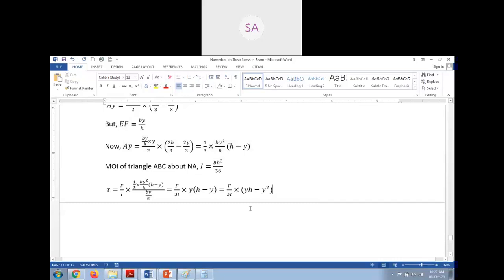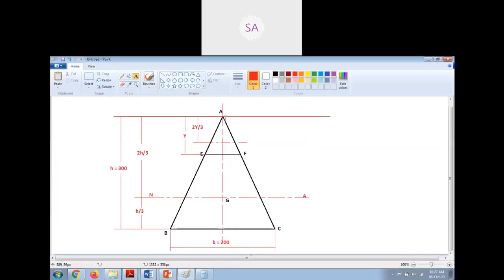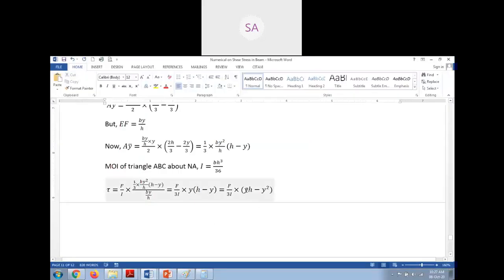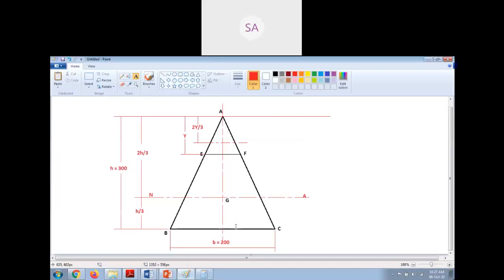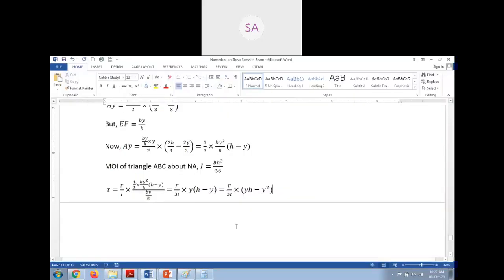That's it. Now I know that at A and BC it will be 0, right? First thing, if you see this expression, F by 3I is a constant. yh minus y square is a second degree equation. So this is an equation of a parabola. So the distribution of shear stress along the depth of this cross section will be a parabola.